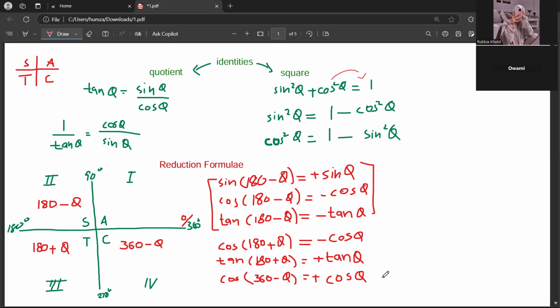Okay. Let's say another thing. If I say sine, this one you will solve for me, right? You will tell me what is the reduced angle for this one. Sine 360 minus theta, what will be the reduced angle?